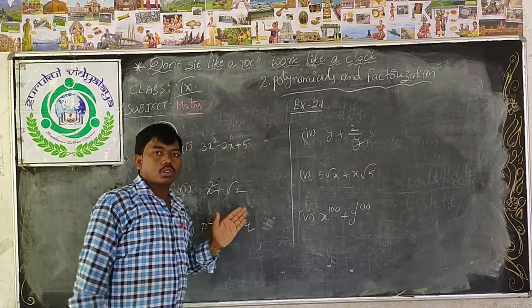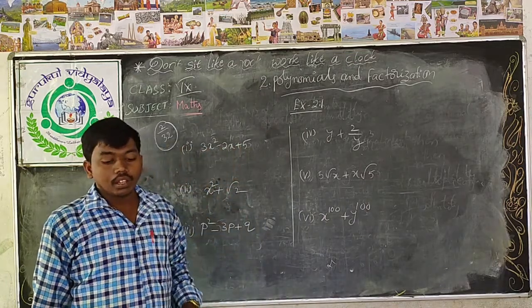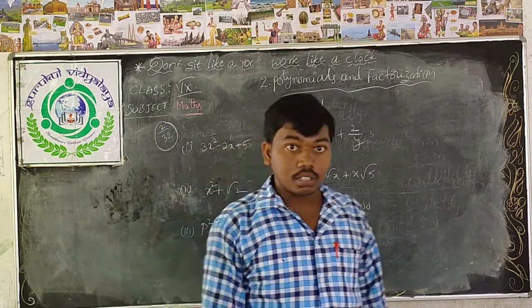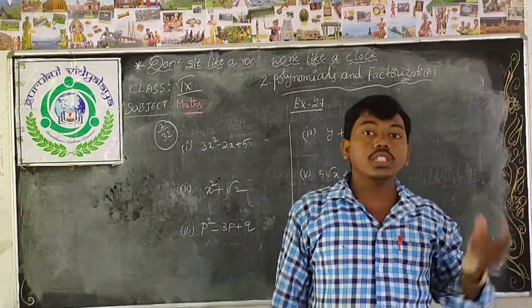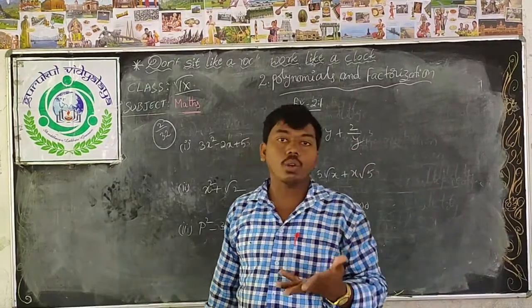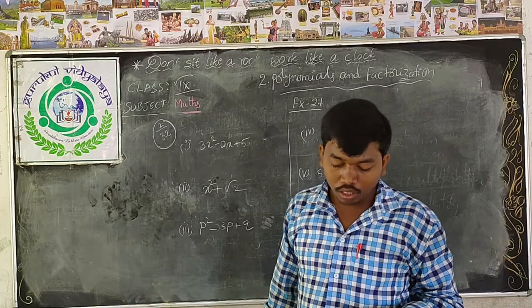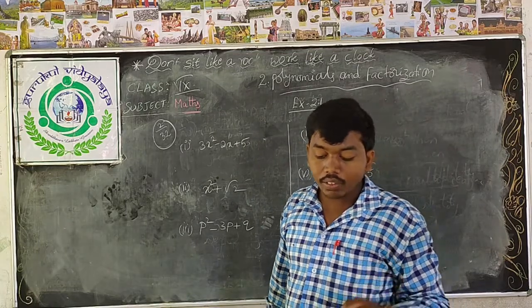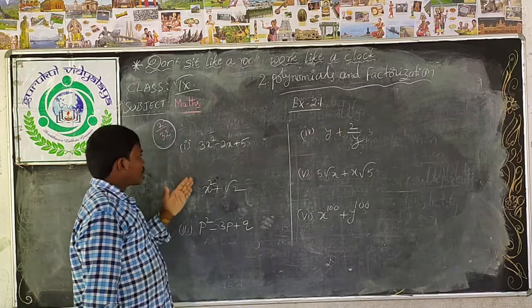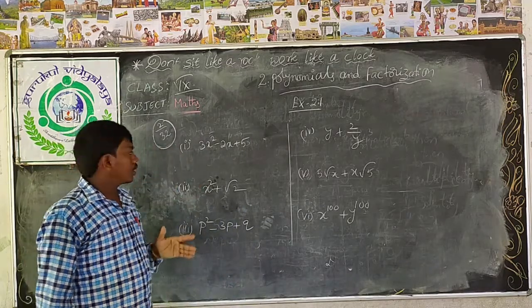Children, what is the question again? Which of the following expressions are polynomials in one variable, and which are not polynomials, which are not in one variable, and give reasons for your answer. The first one. See the children, is it a polynomial or not? You can check.